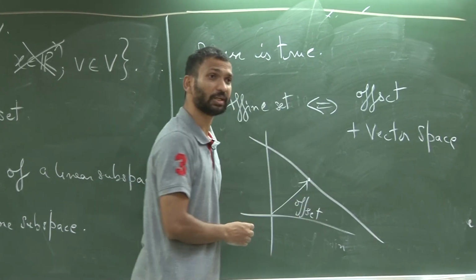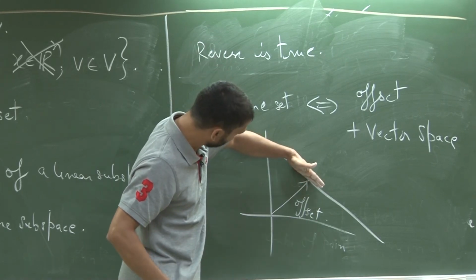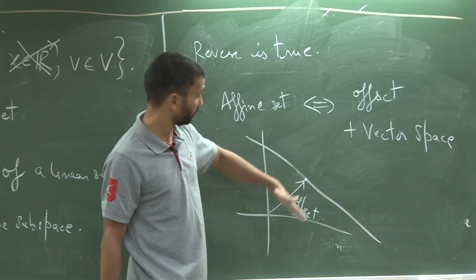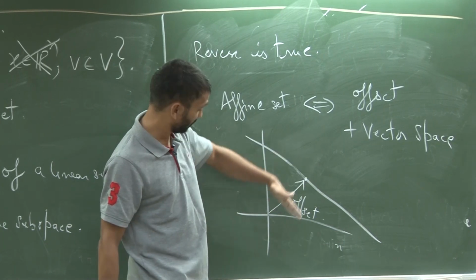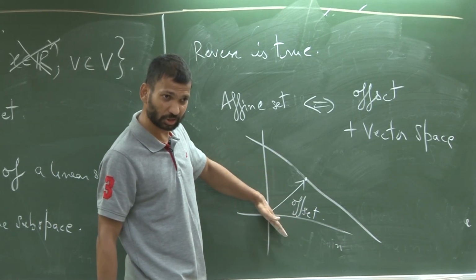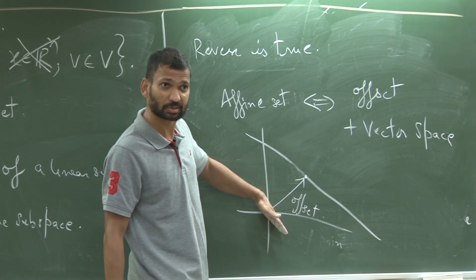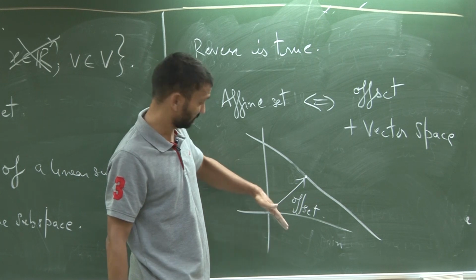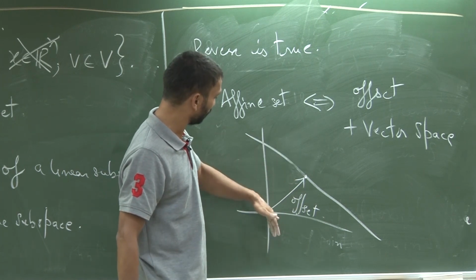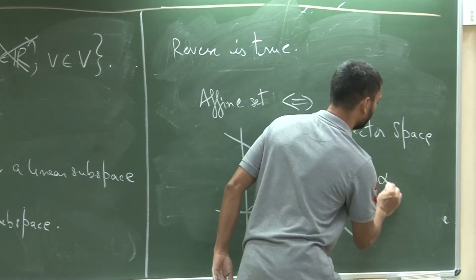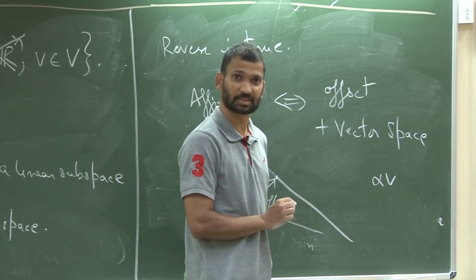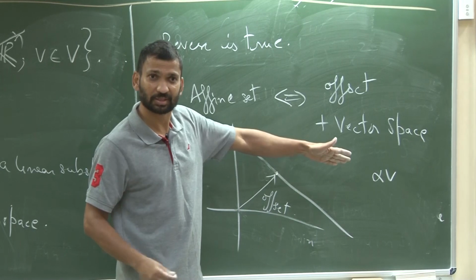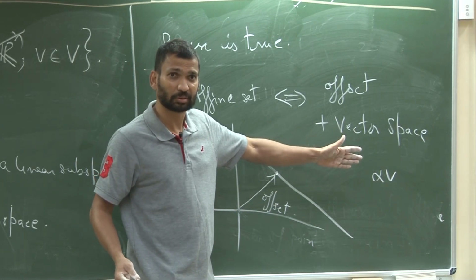This is my offset, and then if I translate this line to here, that is going to be my vector space. Remember, this is not a vector space. If I pass it through 0, then it is a vector space, because you can easily see that all points alpha v form a vector space. But if I move that line, that does not remain a vector space, right?